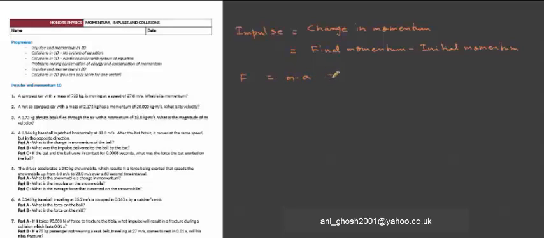Or it's also equal to the rate of change of momentum. In other words, it's the change in momentum of a body divided by time, the time taken to bring about that change.